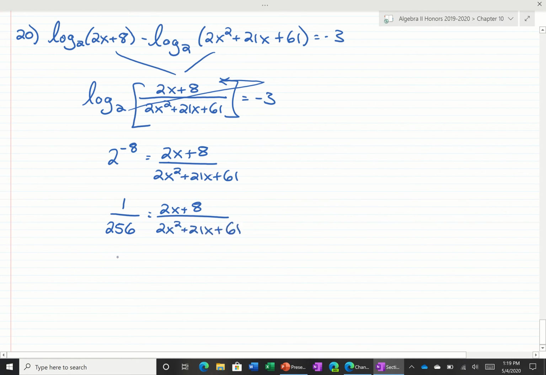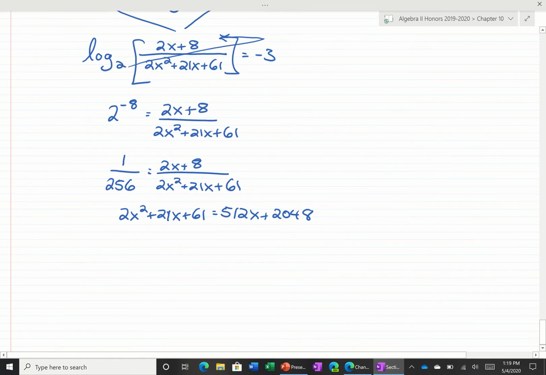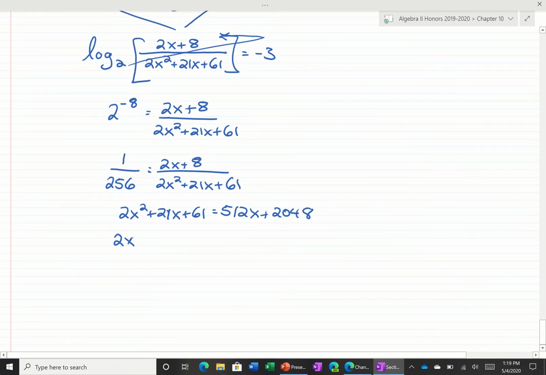Now we could cross multiply. 256 times 2 is 512. And 8 times 256 is, should be an x here, 2048. So let's get all the x's on one side.